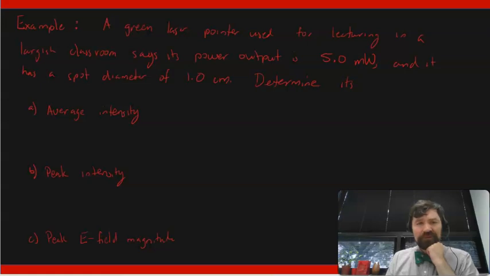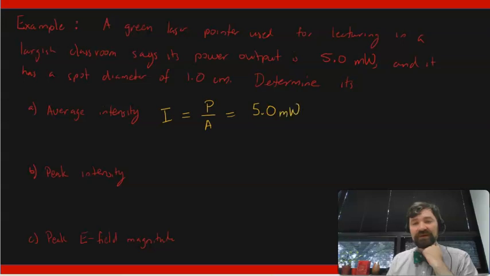Okay. Average intensity: your intensity value is equal to the amount of power per unit area. So we have 5.0 milliwatts divided by the area. Here's the power, here's the diameter. Area is pi times r squared, which is pi times diameter squared divided by 4.